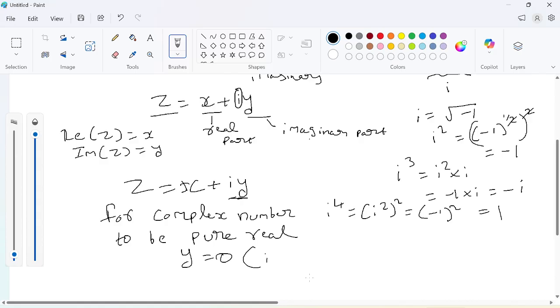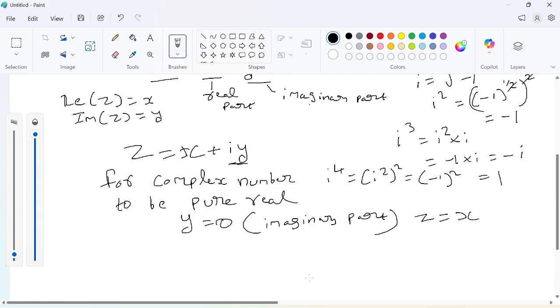That means there should not be any imaginary part. Then it will be pure real, and at that time z is equal to x, because i into 0 will be 0.